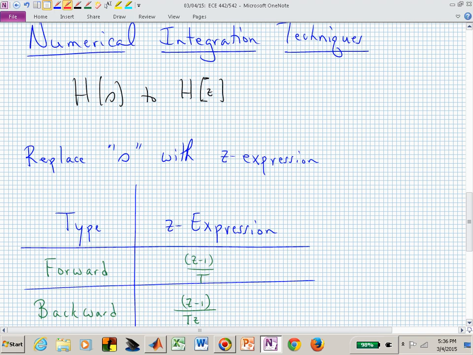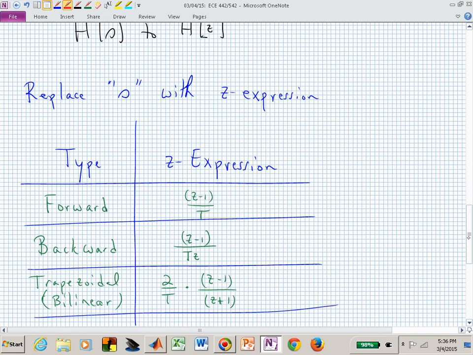And we derived those and ended up with expressions that had this variable Z, which is a complex frequency variable, some combination of Z's and T's that we could then just substitute in for S into our transfer function in the analog domain in order to generate the discrete equivalent. And we derived that for 3 different cases.